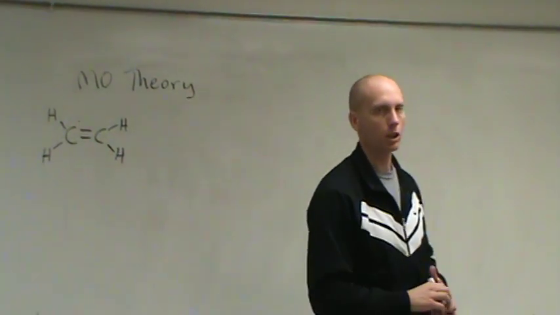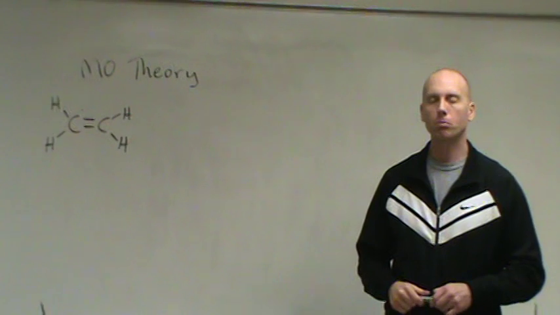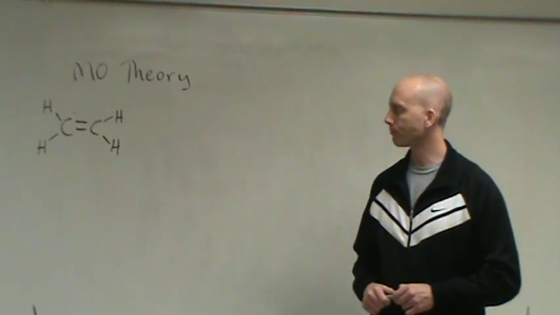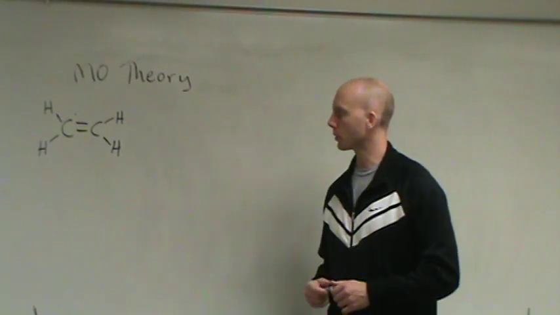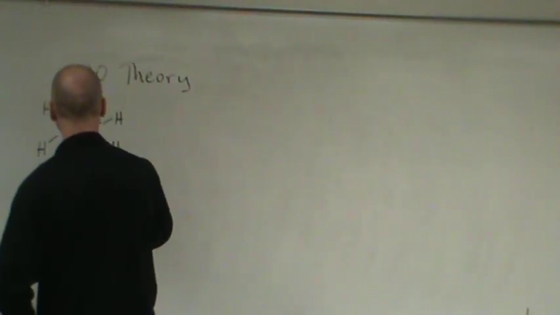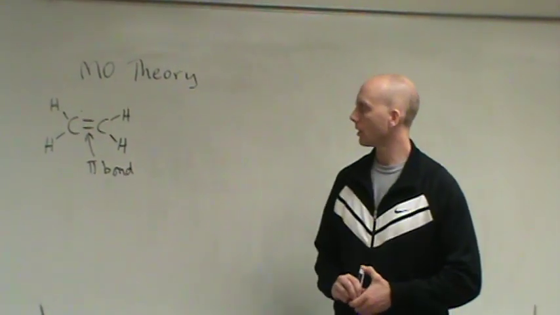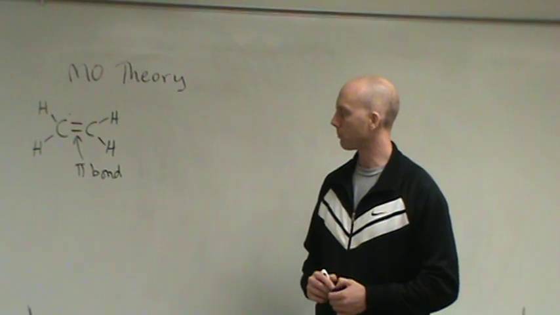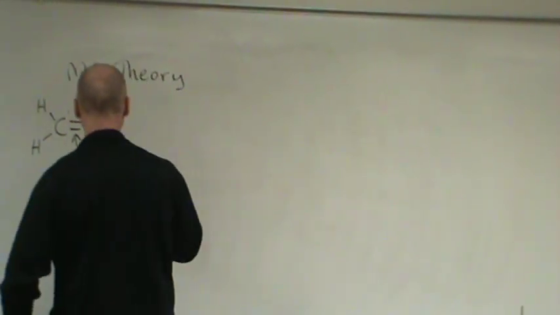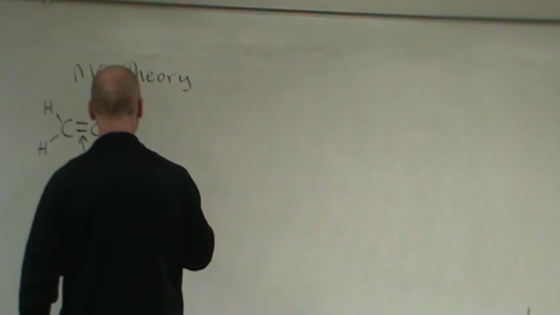Here we have a carbon-carbon double bond, just a single small molecule of ethene. What we're going to do is focus in on the pi bond of ethene, where, remember, the pi bond is equal to 2 p orbitals.